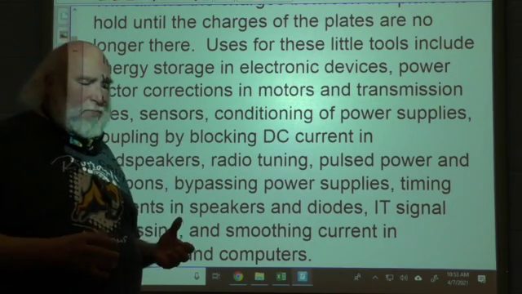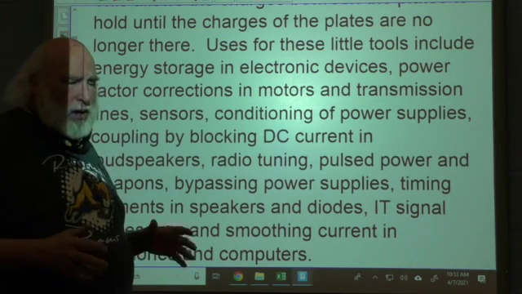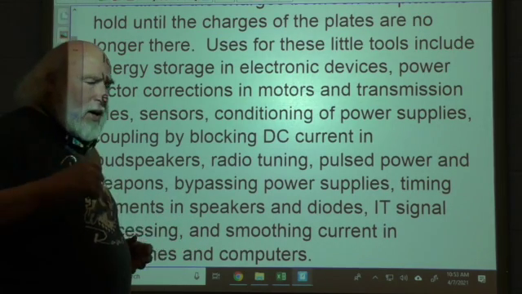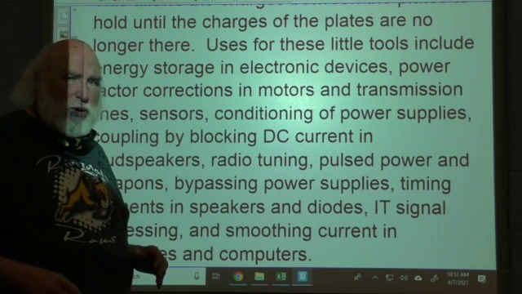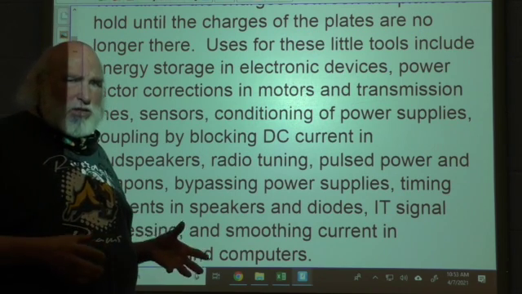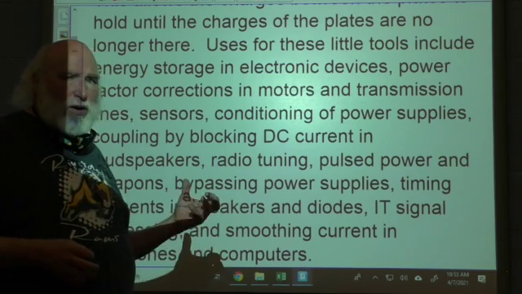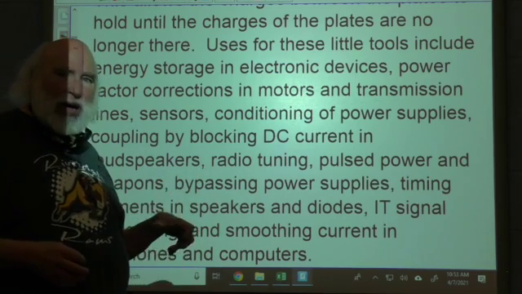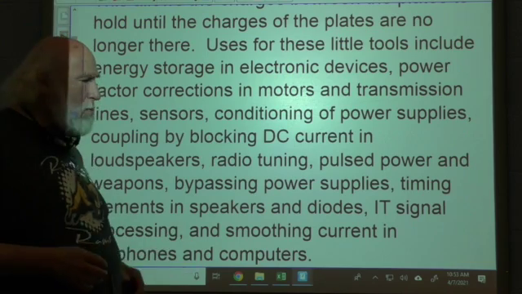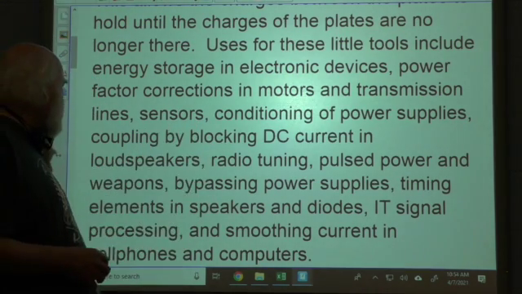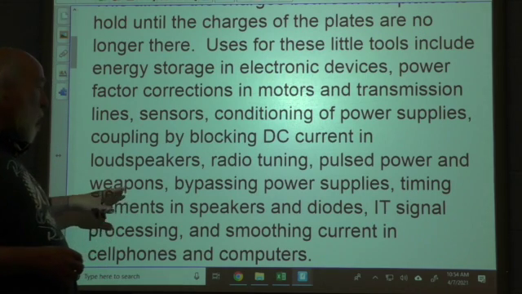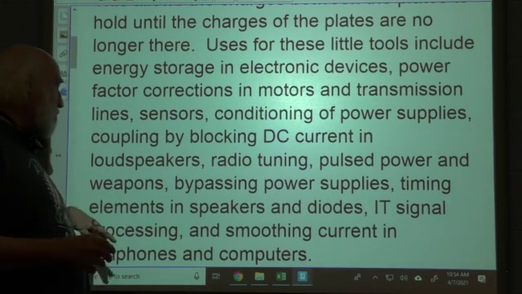And what that means is, in loudspeakers you have an AC flow to it, but every once in a while you get a charge of a DC flow through it, and it can damage the loudspeakers. So they are there to kind of block that from going into the entire electrical mechanism of the loudspeakers. Radio tuning, pulse power and weapons, which kind of freaked me out when I was reading that.